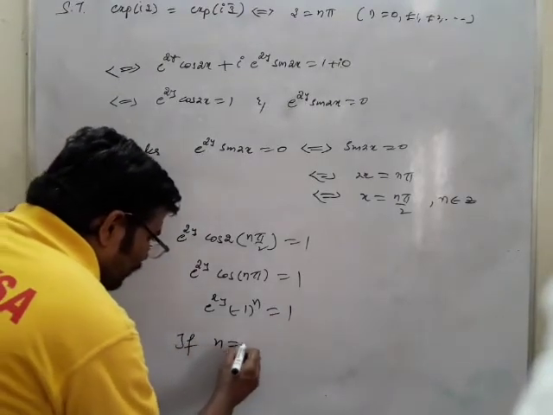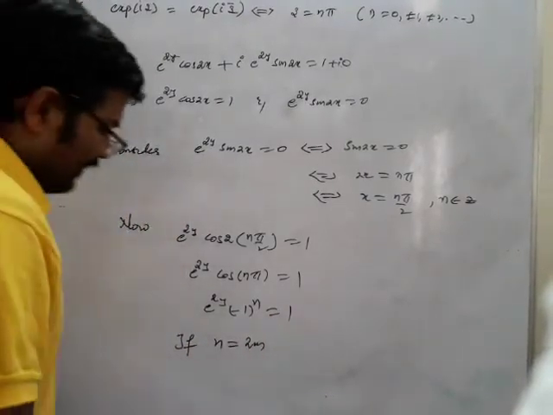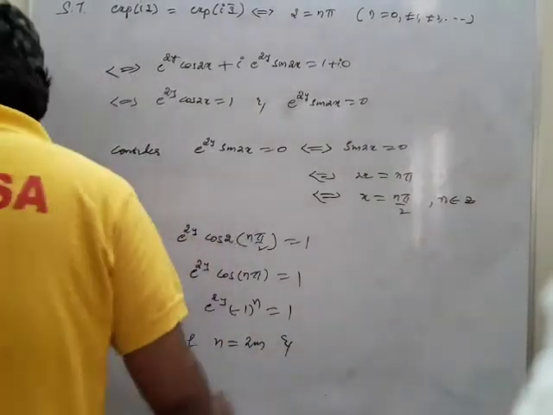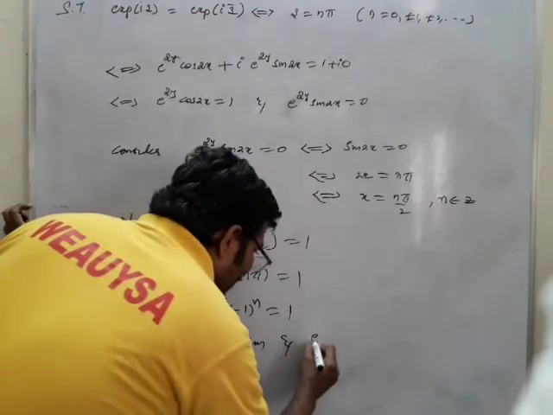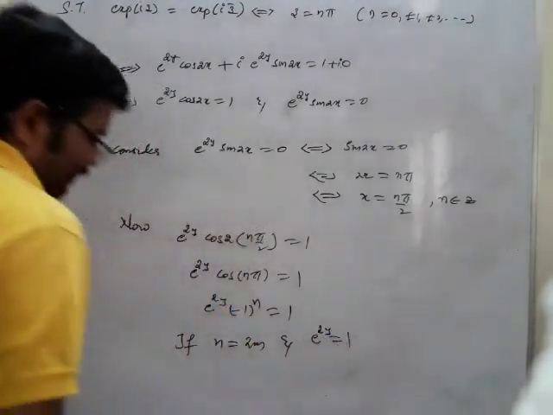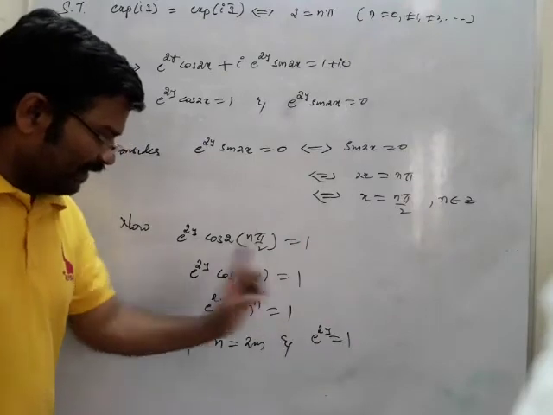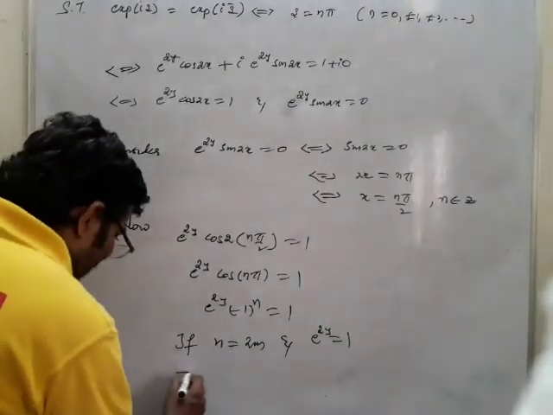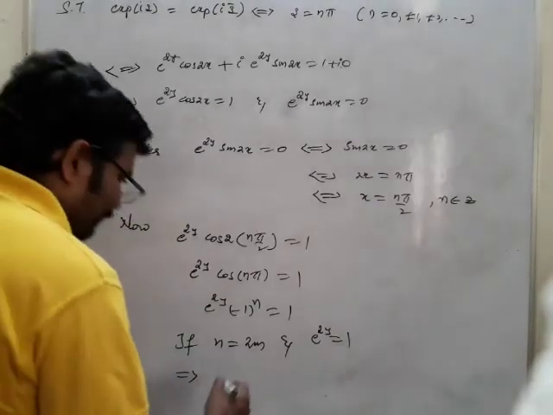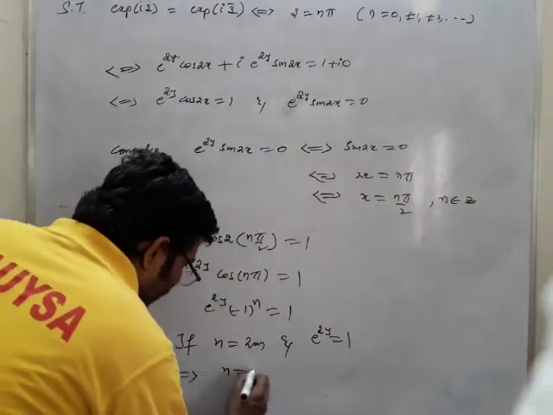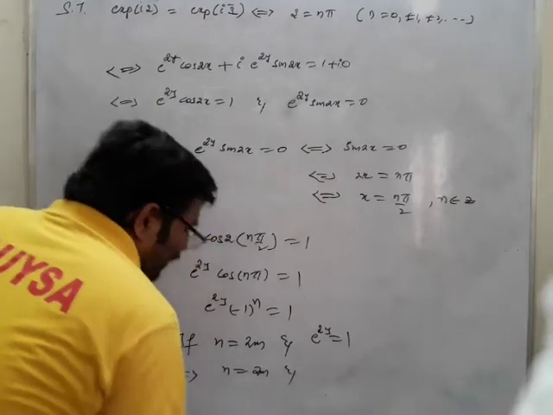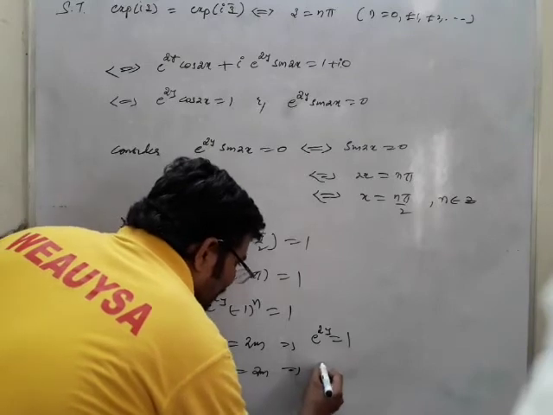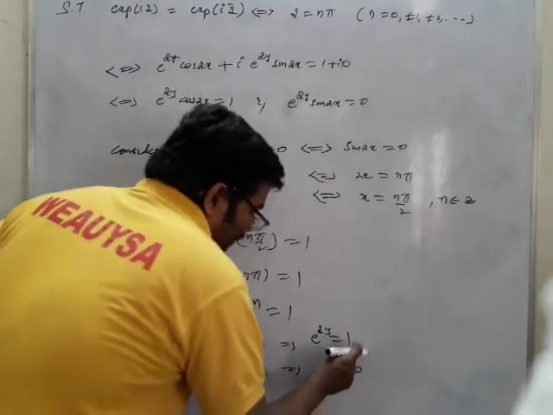Suppose n is equal to 2m. Then you will have that e power 2y is equal to 1. If n is equal to 2m, then that implies 2y is equal to 0, because e power 0 is 1.